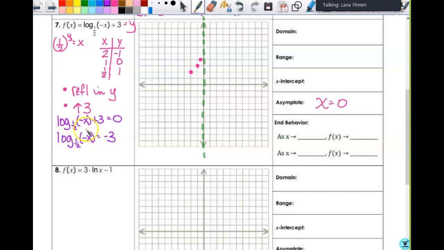Now that I have a log all by itself, I can rewrite it in exponential form. So 1/2 to the negative 3 power equals negative x. So what is 1/2 to the negative 3 power?